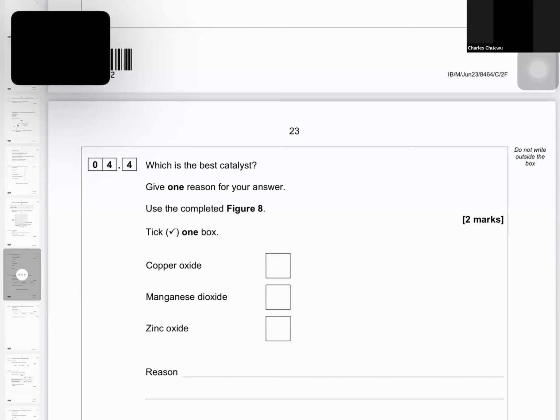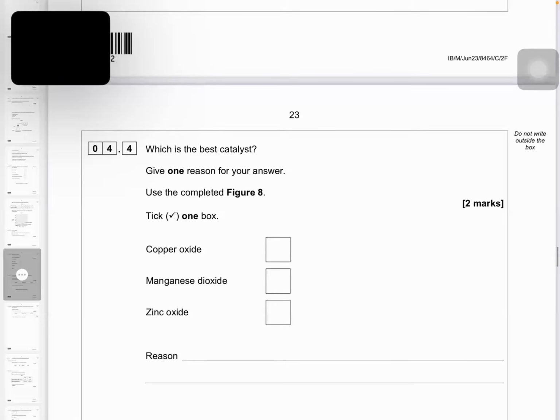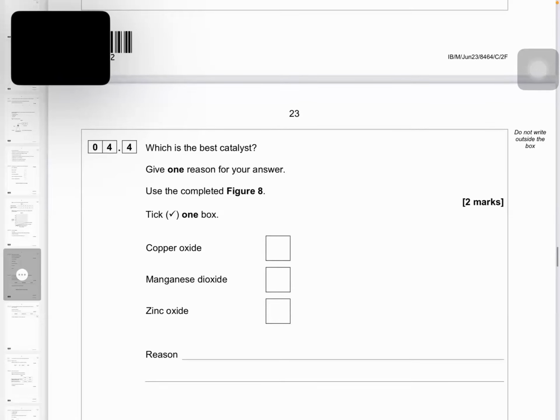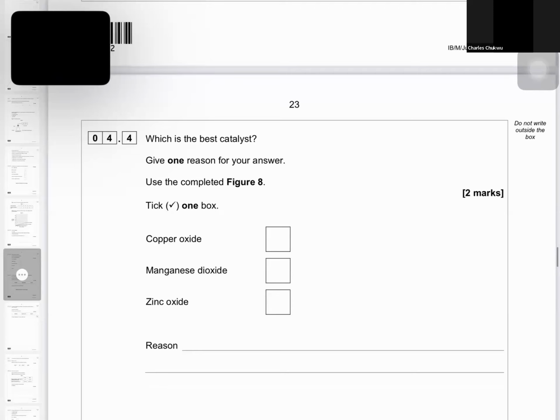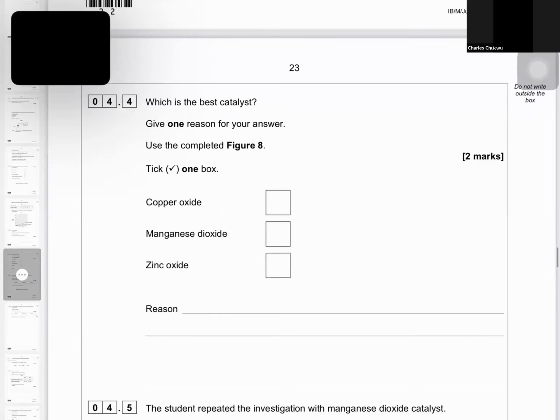So what's the reason for it? Steepest curve, reaction finishes first, greatest volume of oxygen. Okay, it releases the greatest volume of oxygen, and the reaction finishes first.